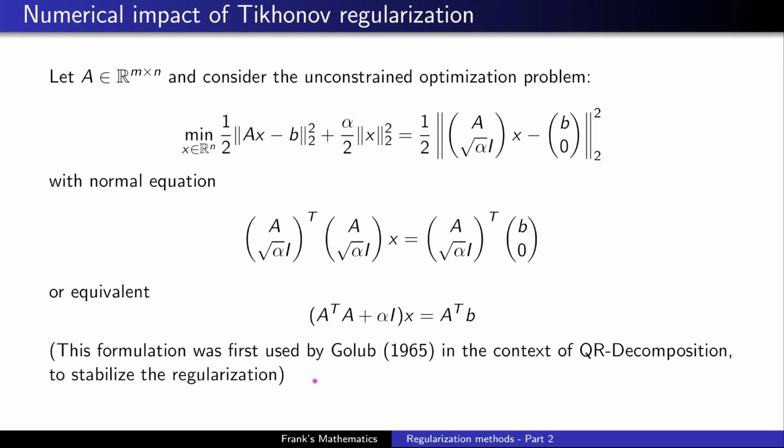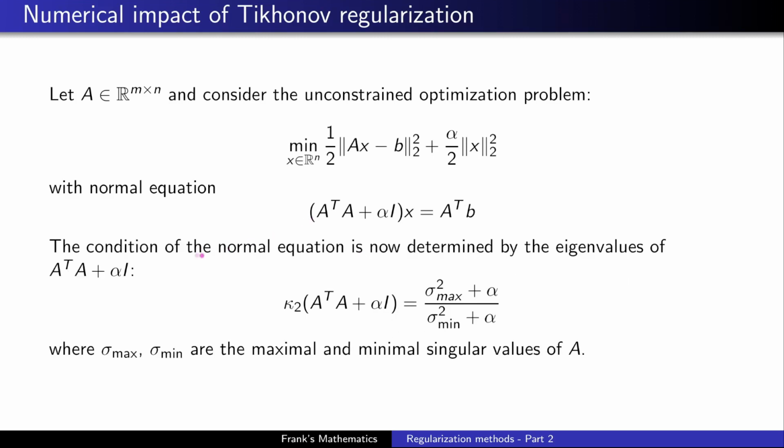Just a small historical remark. This formulation, at least to my knowledge, first popped up in the 60s in the context of QR decomposition to stabilize this regularization here. So, if we now want to solve this normal equation here, we are limited again by the condition number of this matrix here.